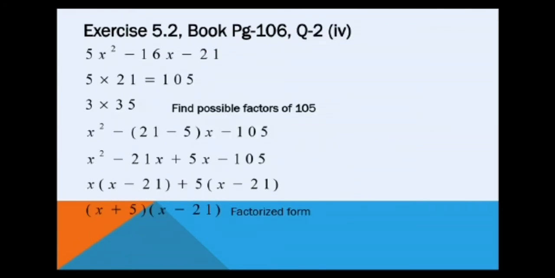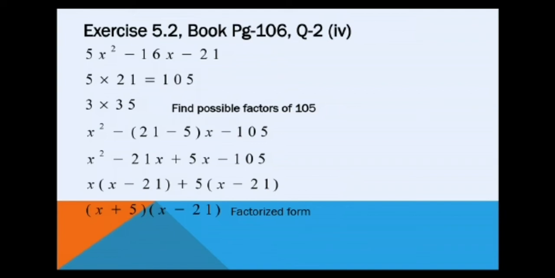Now again, from exercise 5.2, question number 2, part number 4 from book page 106 has been taken to explain it more. So 5x squared minus 16x minus 21, this is the quadratic expression and the expression is already settled. You will multiply 5 by 21. 21 is a constant, 5 is the coefficient of x squared, and the multiplication of 5 and 21 is equal to 105.